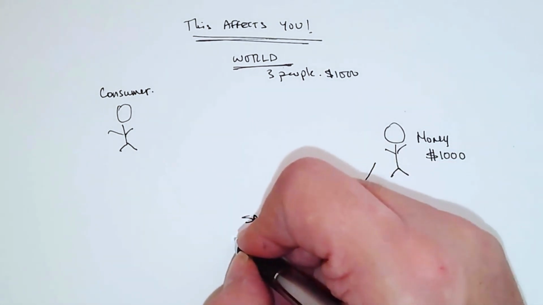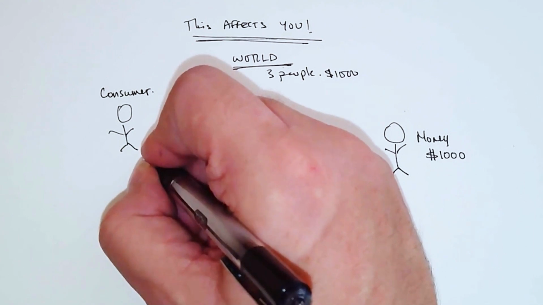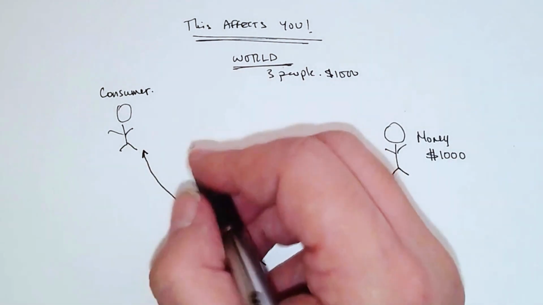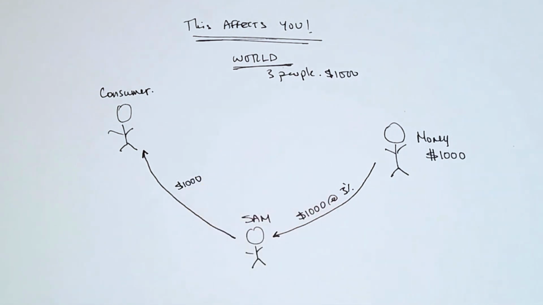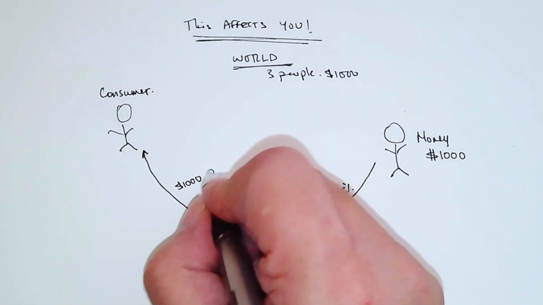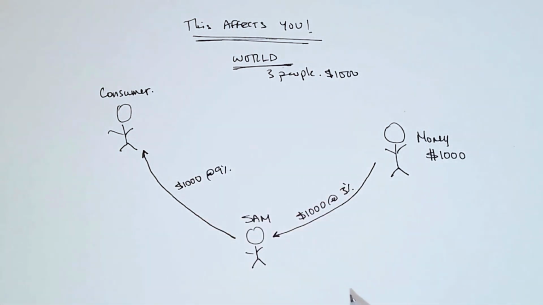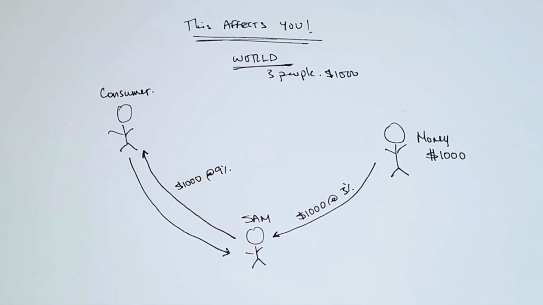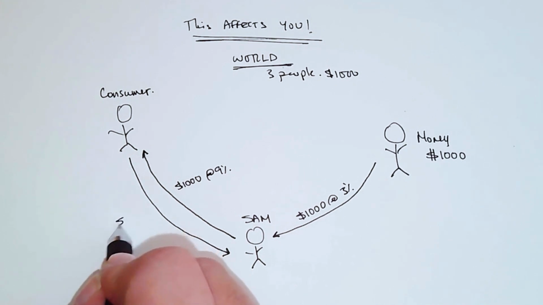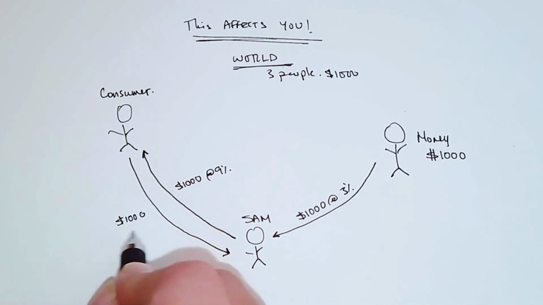And Sam lends this money to the consumer. Let's just say $1,000 at, say, 9%. So the consumer now is going to pay in 1 year the $1,000 plus the $90 in interest.